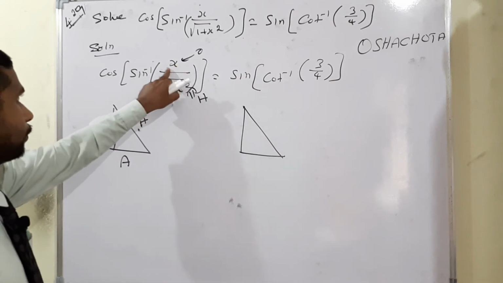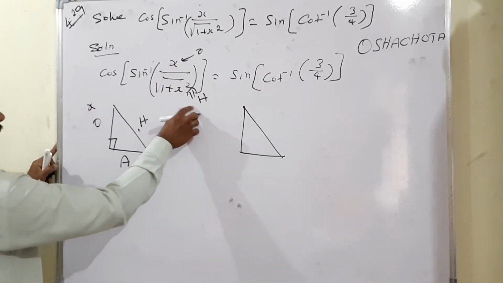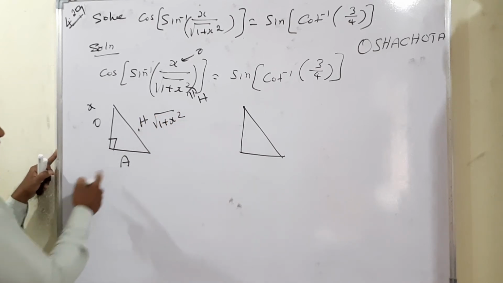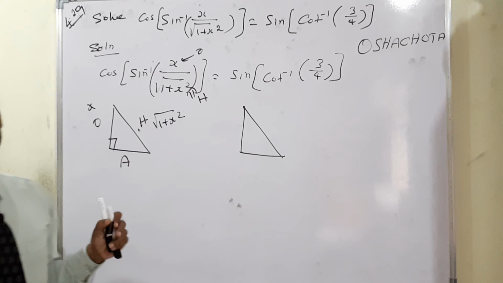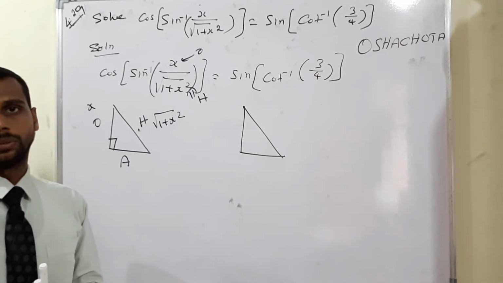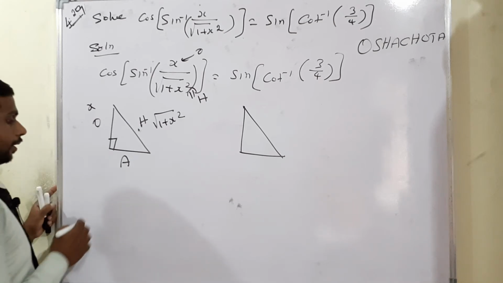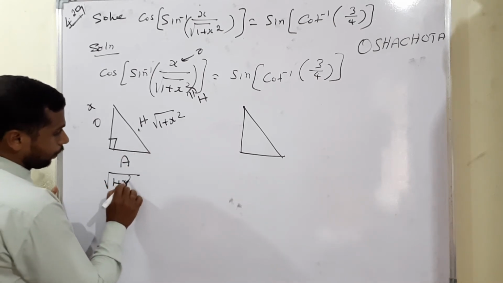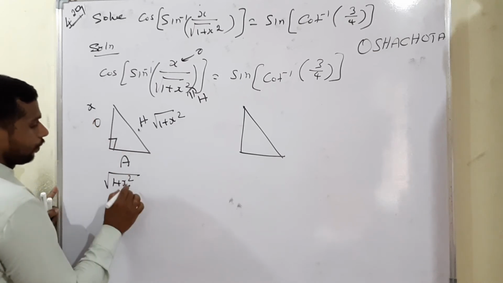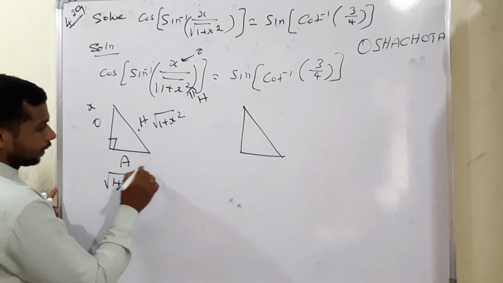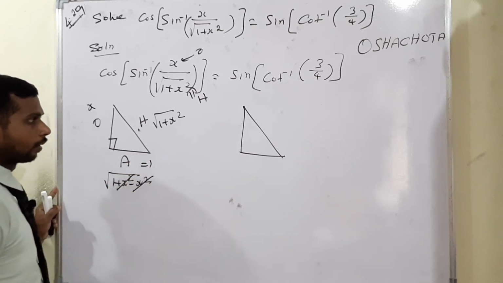Look at this, opposite value x, hypotenuse value square root of 1 plus x square. So what is the adjacent? First, the definition of Pythagoras theorem: in any right angle triangle, square of hypotenuse is equal to the sum of squares of the other two sides. So the adjacent is square root of 1 plus x square minus x square; plus x square minus x square cancel, so square root of 1, the value will be 1.